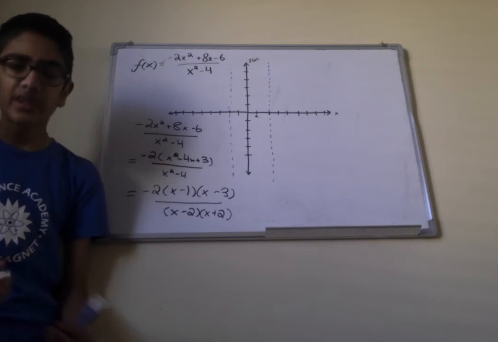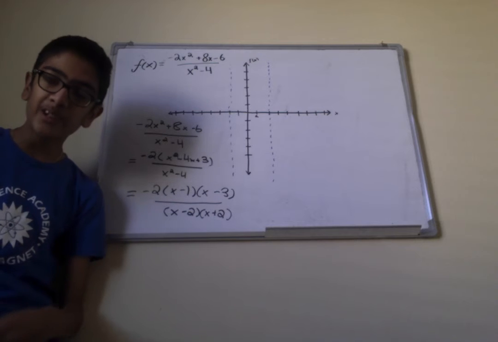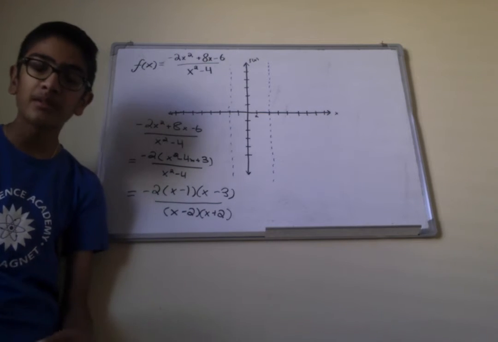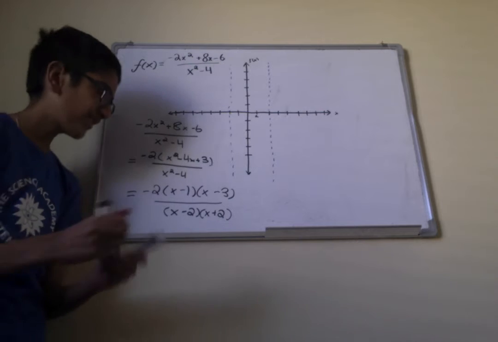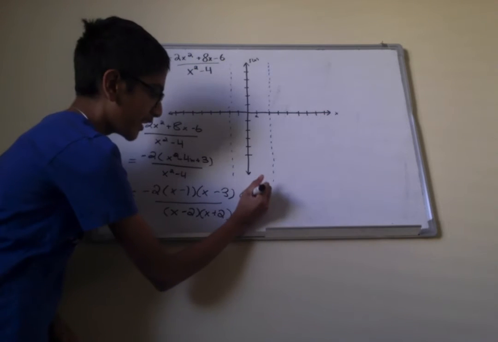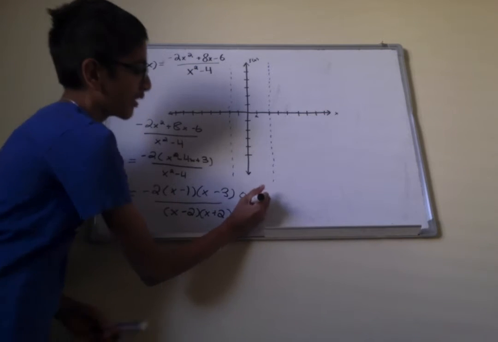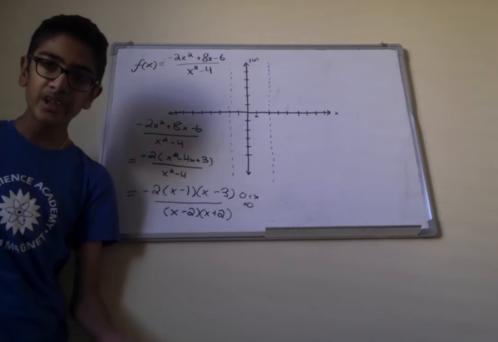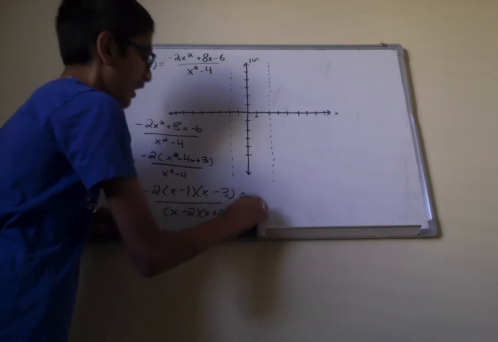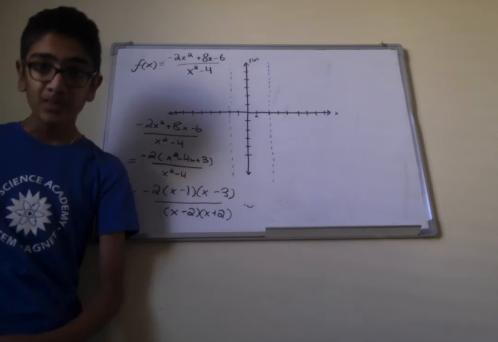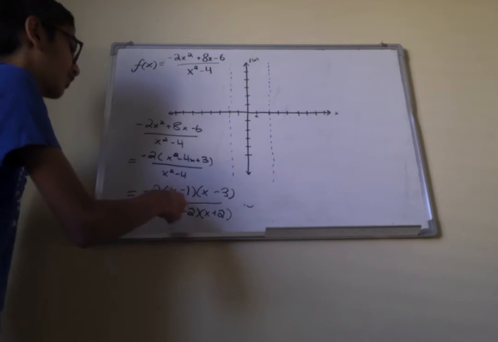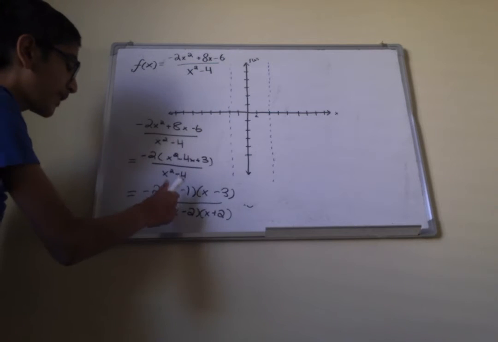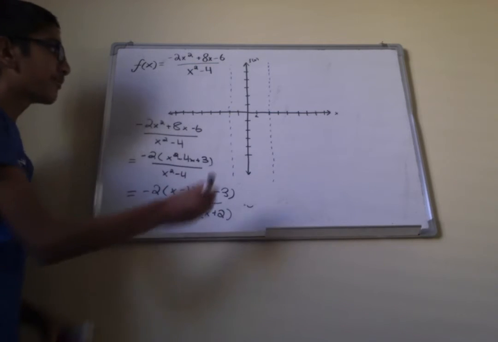What about the numerator? What can the numerator do? What if the numerator is 0? What would happen? If 0 is divided by anything, it equals 0. So that means if the numerator were 0, then we'd have an x-intercept. So what are the x-intercepts here? Well, this is another classic quadratic, solving this equation for 0. We get +1 and +3.